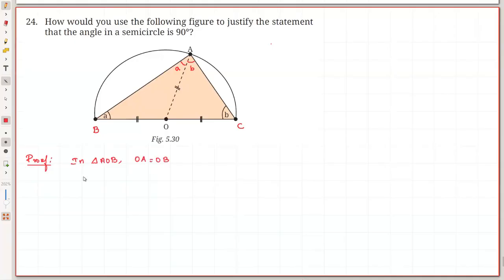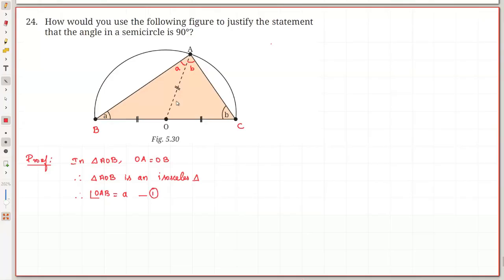So therefore, triangle AOB is an isosceles triangle. If it's an isosceles triangle, base angles are equal. Therefore, angle OAB is equal to angle A. This is A, and this is also A. I'll take this as 1.